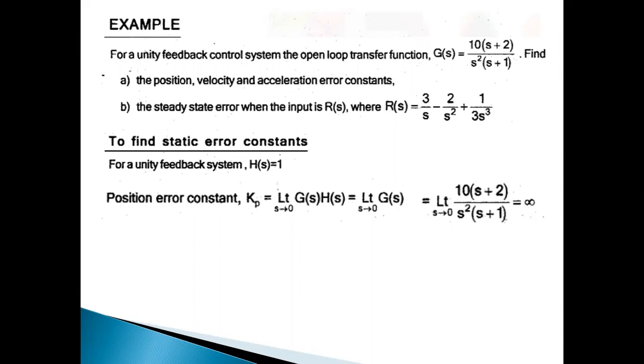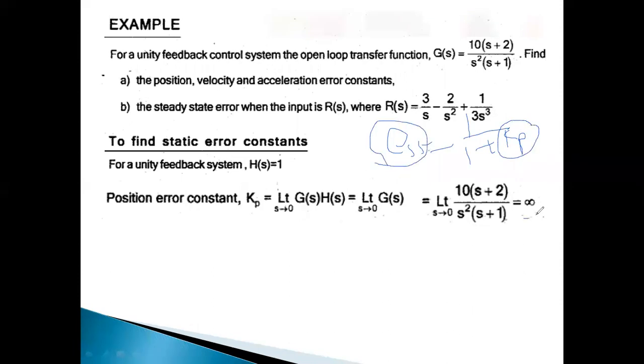If the input is unit step input for the same system, the steady state error is 0, because the steady state error ESS when the input is unit step is 1 by 1 plus Kp. This is the steady state error. Don't get confused: this is the error constant, and this value is the steady state error.